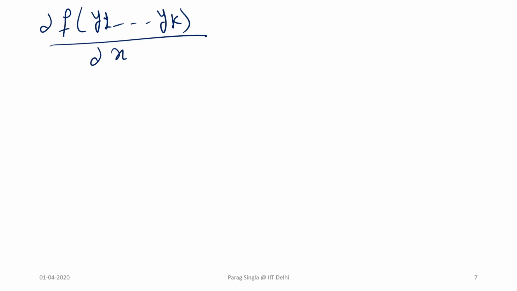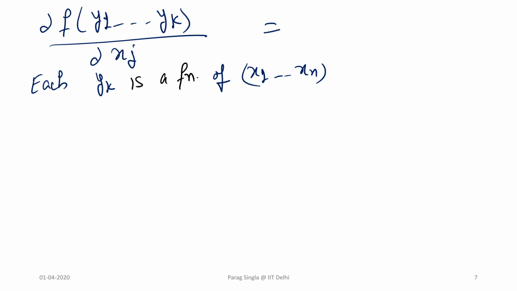The partial derivative of f with respect to xj, where each y small k is a function of x1 up to xn, is given by the following.